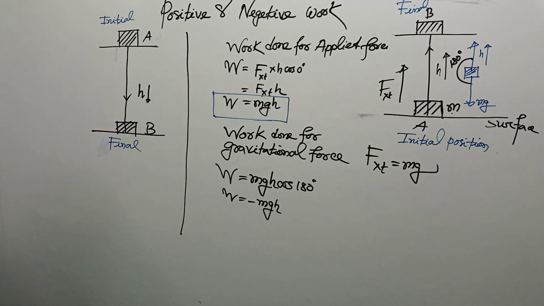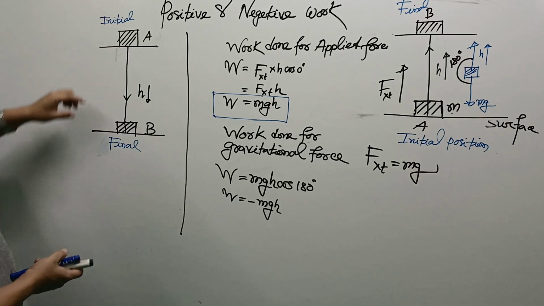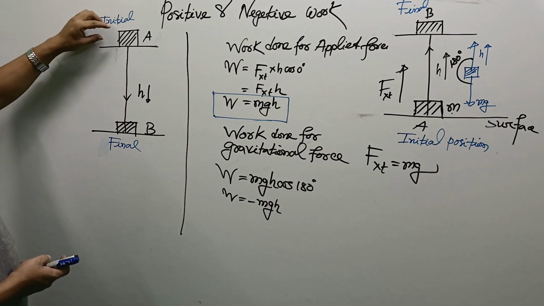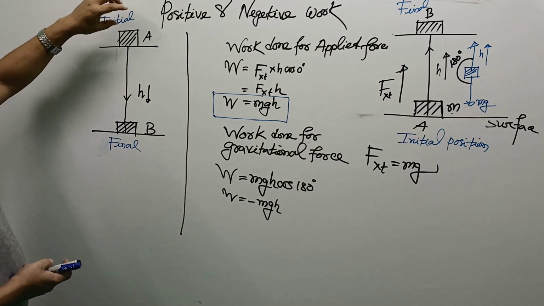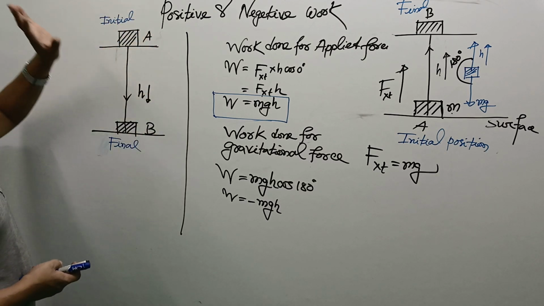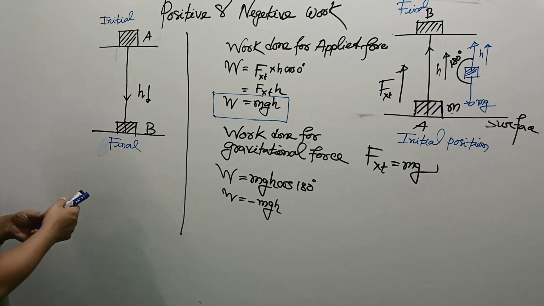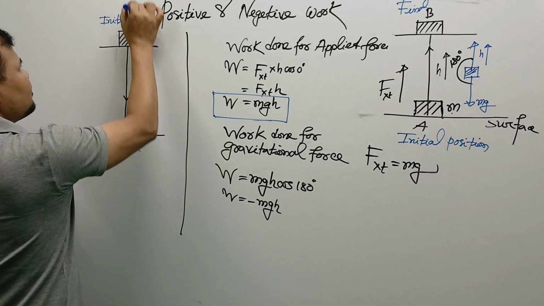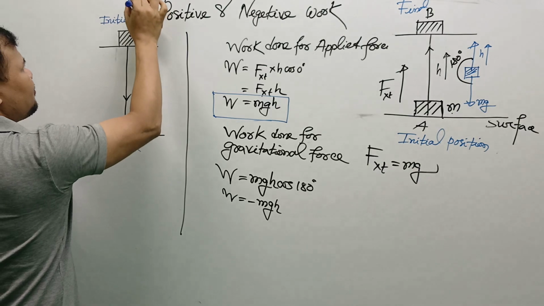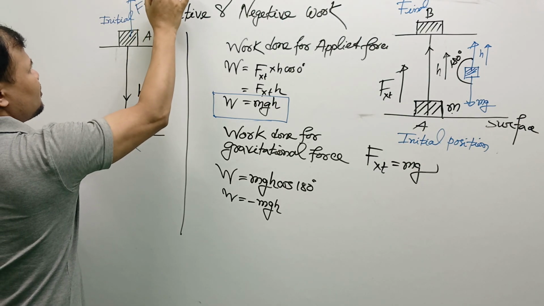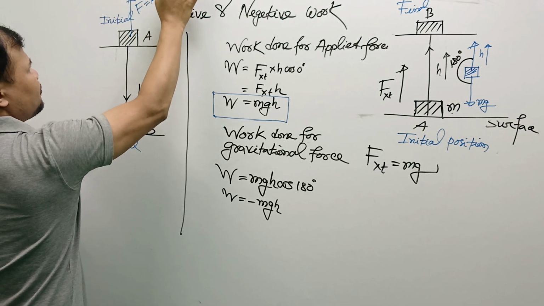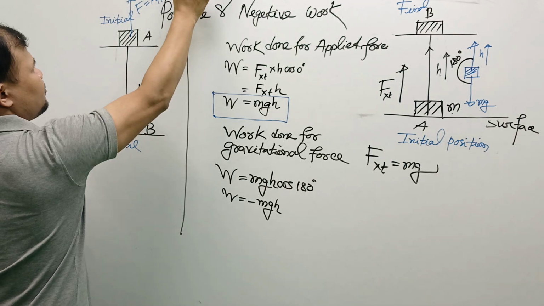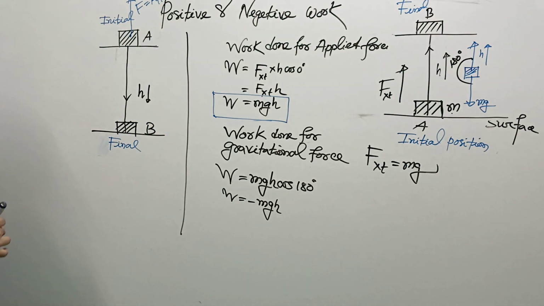Now if we take the object from point A to B, then we must apply force in the upward direction. This is the direction of the applied force. My dear students, always try to understand.